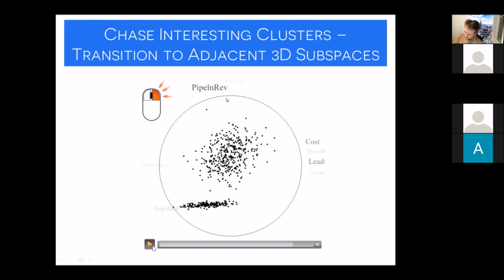And the projection mechanism takes the points and projects them into the three-dimensional subspace that is now a little more expressed by pipeline revenue. Still a three-dimensional subspace. You can still rotate it if you like. I don't show that here. But it's a nice way for users to explore n-dimensional space without ever knowing anything about high-dimensional space, right?